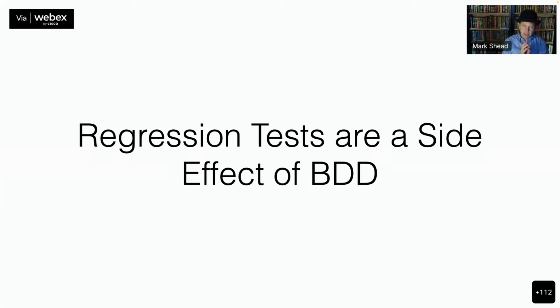And the teams I've seen that are really focused on using behavior-driven development as a way to create regression tests, sometimes they actually get some value out of it, but the value is the same that they would have gotten had they just focused on test-driven development, because it makes you skip the collaborative part of things.